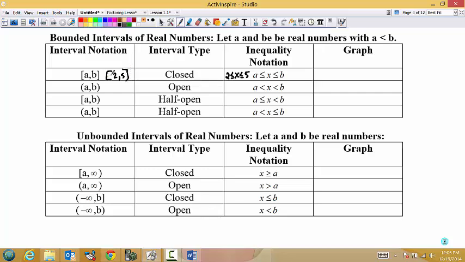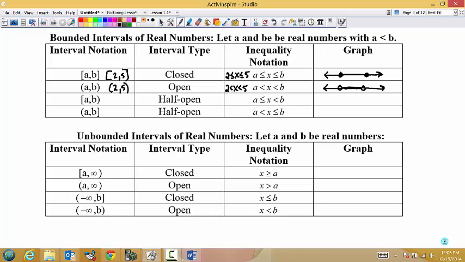Basically, brackets go with equal to's, and the difference is this has a line, this does not. So if I had 2 is less than x is less than 5, I would write it (2, 5). And the graph, what it would look like on our number line, would be a box that's closed in with closed dots, and this one would be with open dots.